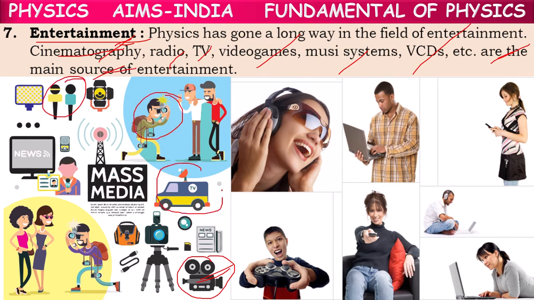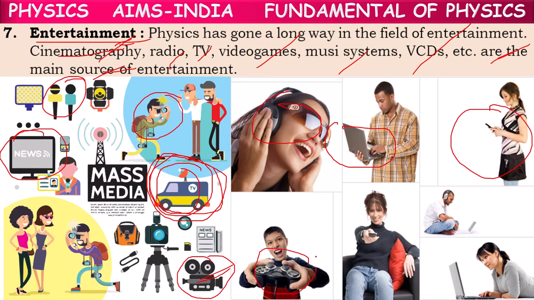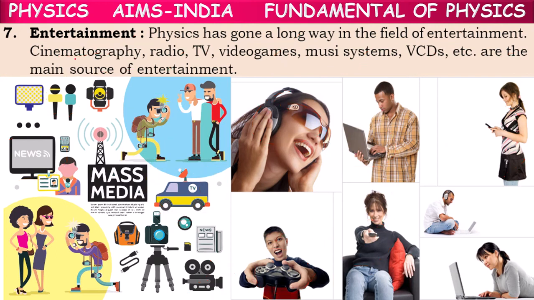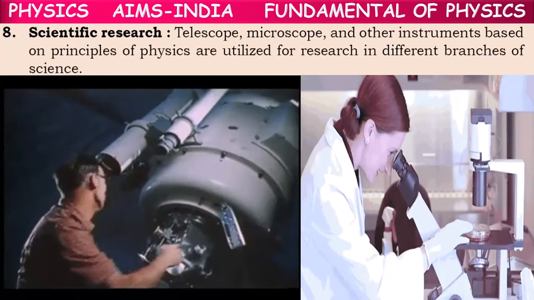This is a TV channel van. So TV, television, laptop, headphones, mobile phone, joystick for playing games, remote for controlling TV. Like this, in the field of entertainment also, physics has developed so many different kinds of machines.